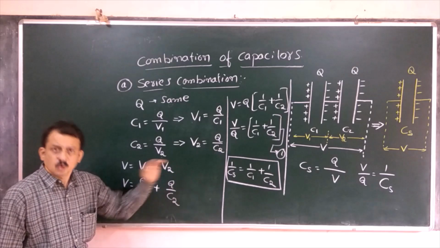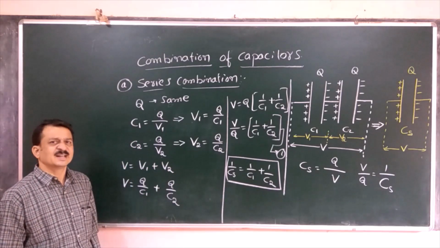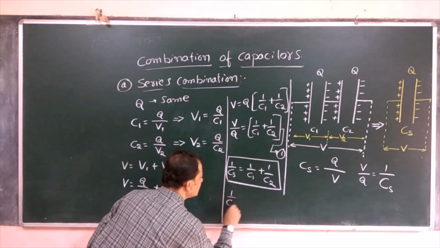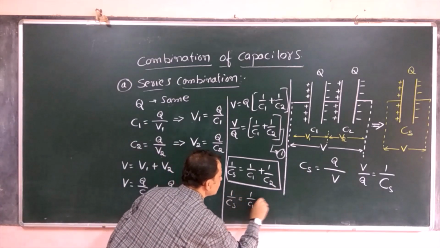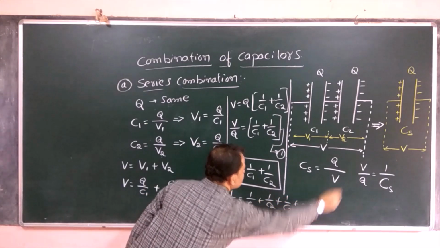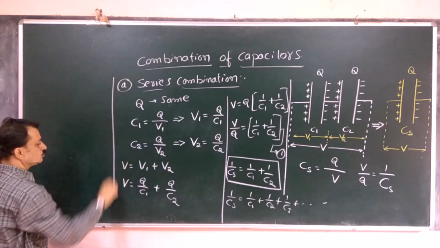The same expression holds good for any number of capacitors connected in series. So in general we can write 1 upon CS is equal to 1 by C1 plus 1 by C2 plus 1 by C3 plus etc., for n number of capacitors.